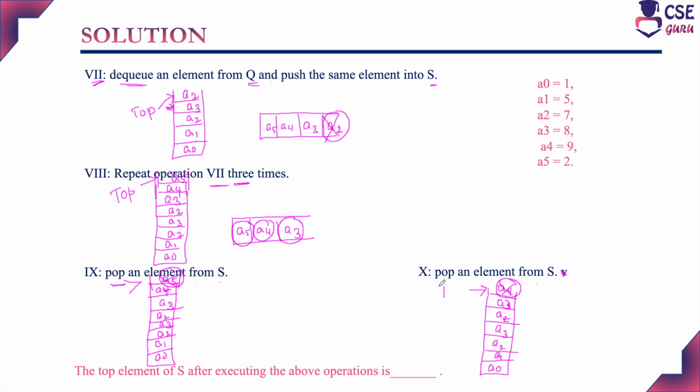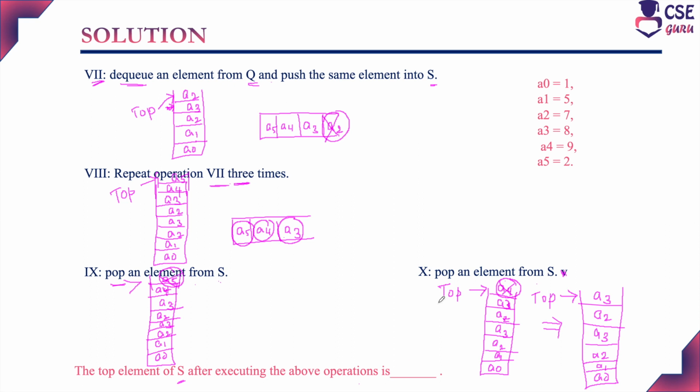At the end of the tenth operation, the status of the stack is A0, A1, A2, A3, A2 and A3. Now the top element of the stack after performing the pop operation is A3.